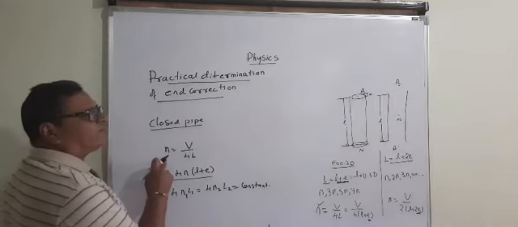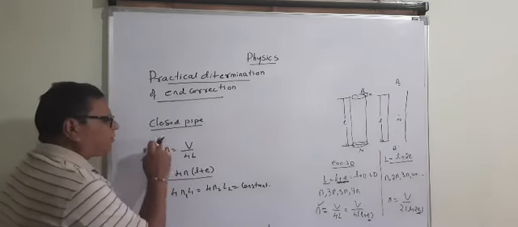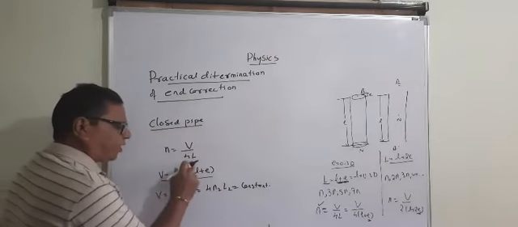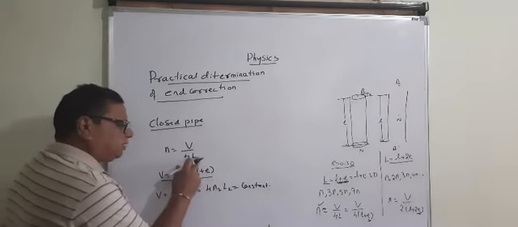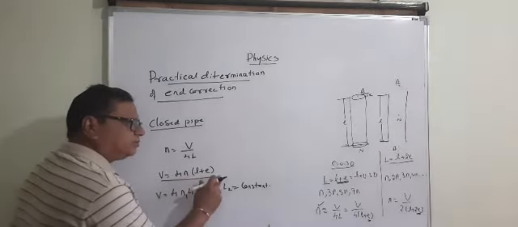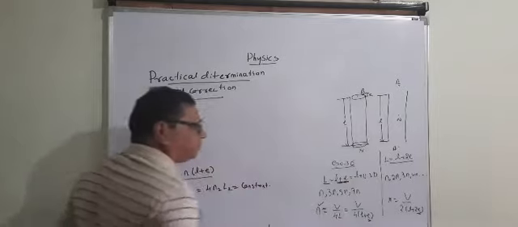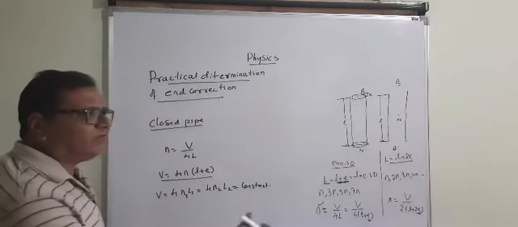As fundamental frequency of vibration of air column for a closed pipe is given by n is equal to v upon 4L, where L is the corrected length, or v is equal to 4n into small l plus e, where small l is the length of pipe or length of air column.